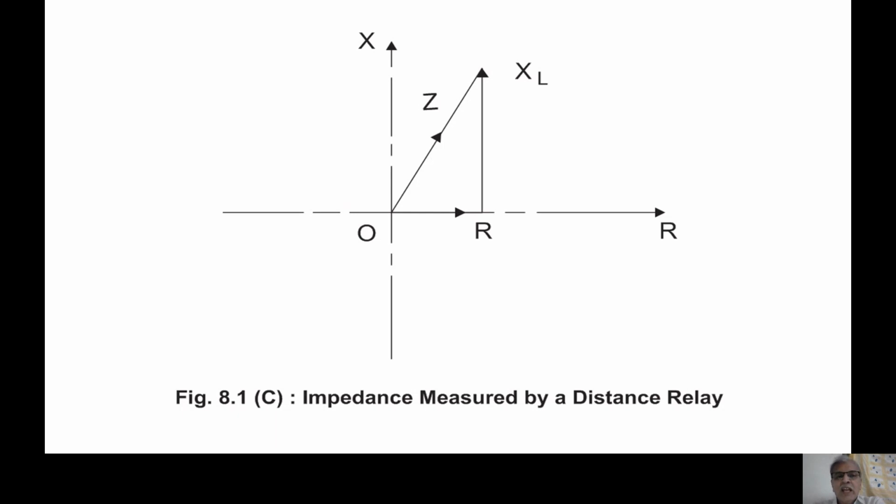X is not on the x-axis. Reactance is on the y-axis. So I will say now RX plane only. So in the RX plane you can show Z. But it is not so that impedance lies only in the first quadrant. Impedance can lie in the second, third, or fourth quadrant also.